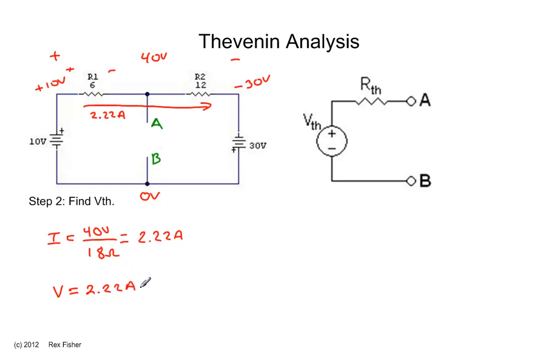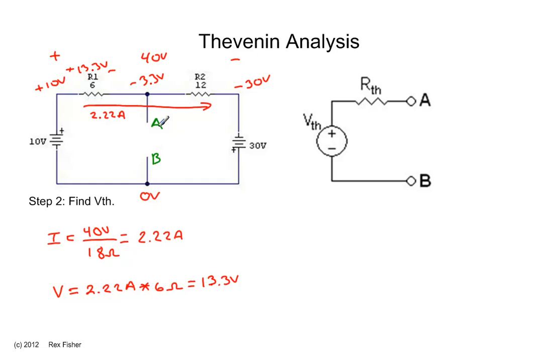2.22 amps times 6 ohms equals 13.3 volts. That means the voltage drop across this resistor is 13.3 volts. Ten minus 13.3 is minus 3.3 volts.